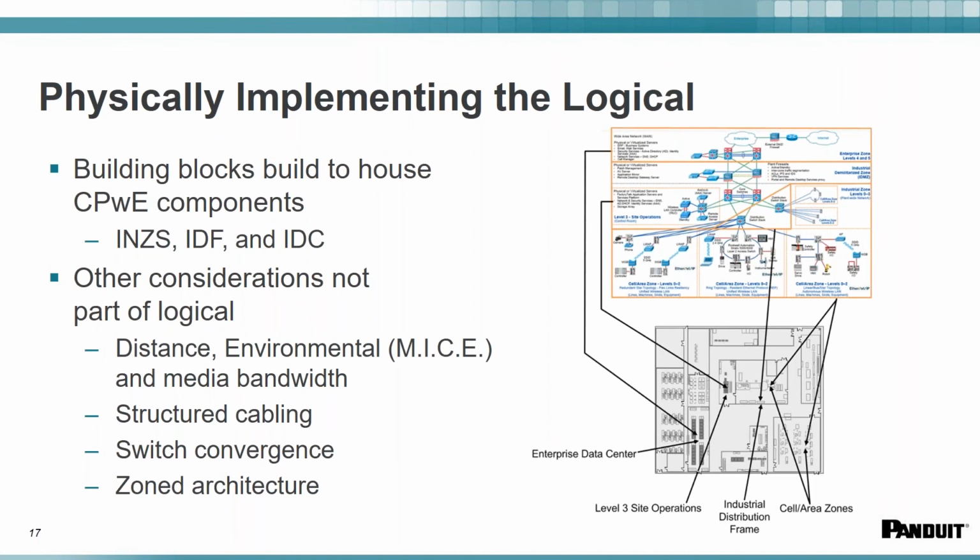So we have to consider distances between those two nodes or many of these devices. We have to consider what I explained earlier as the environmental conditions we have to deal with. And this is where the MICE, again, mechanical, ingress, chemical, and electromagnetic environments have to be considered to find out what type of media we need to run between those systems.